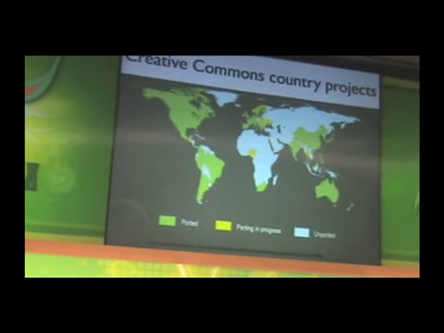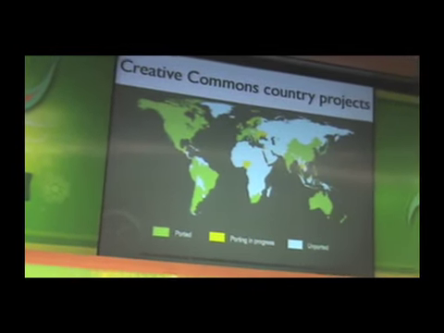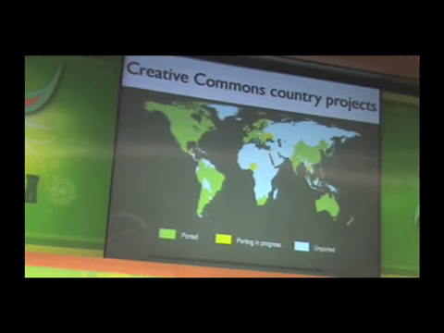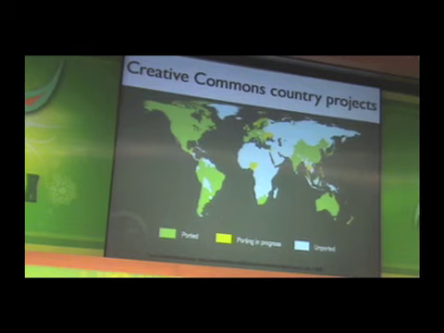There are an incredible number of Creative Commons projects, country projects around the world, mostly because people really recognized that here was an organization that was responding positively to part of a problem that has been in existence for a long time, and to the fact that the internet has so much potential that we really need to respond to that potential.